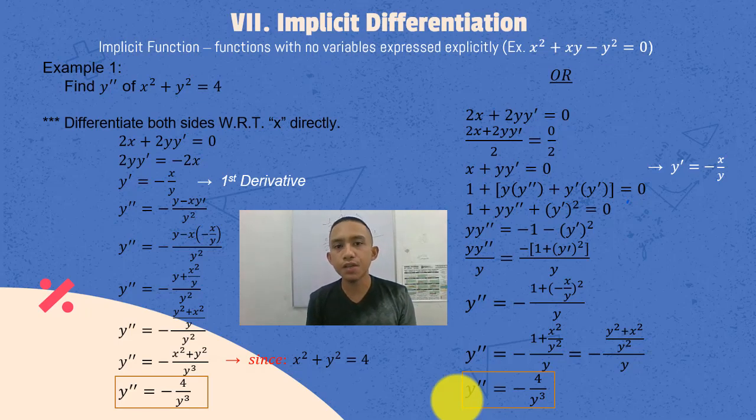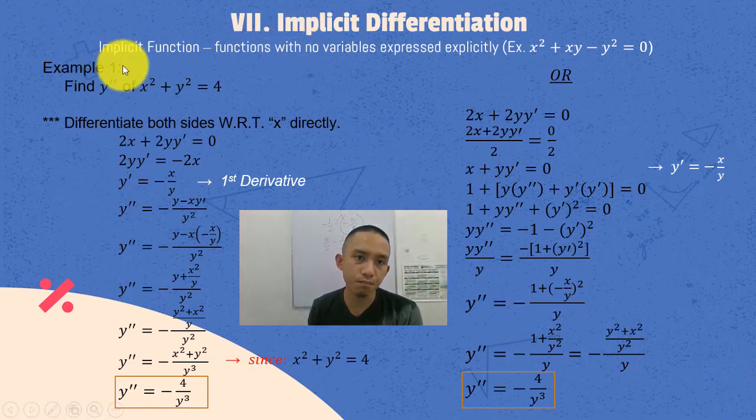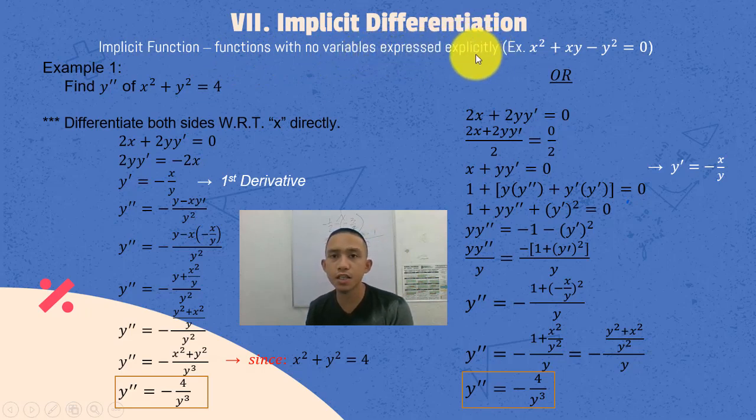Okay, implicit differentiation, the same. When will this be applicable? By the way, before we go there, let's define what an implicit function is. Implicit functions are functions with no variable expressed explicitly. An example is this one. Look at this equation. x is not separated, and y is not separated.